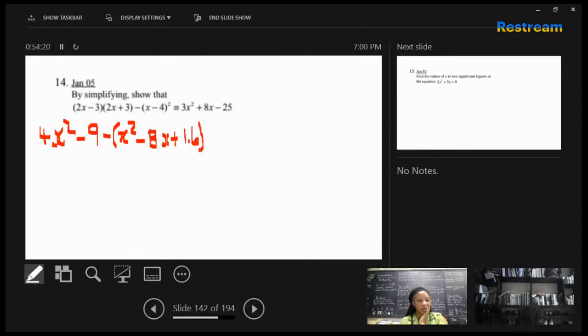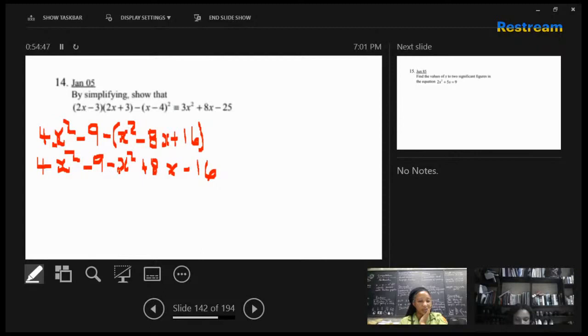So now use the negative to expand these. So that's 4x squared minus 9, minus x squared plus 8x minus 16.